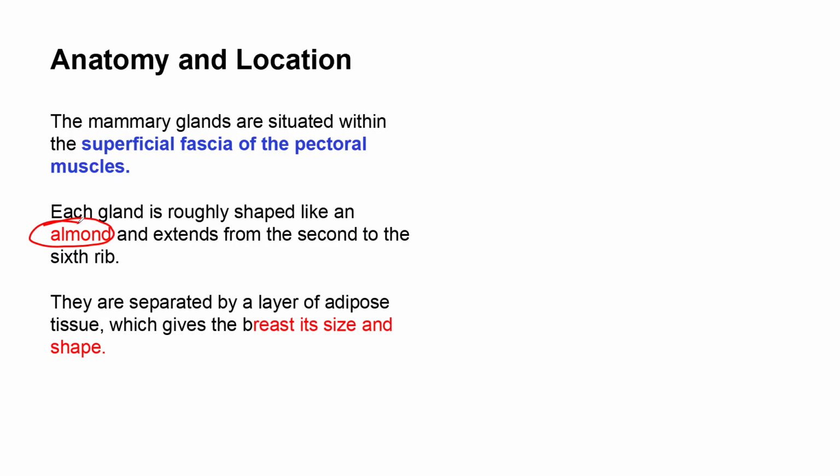So the size and shape of the breast are determined by the layer of adipose tissue. You need to understand that sometimes, when these layers are weak, the shape as well as the size of the breast changes.